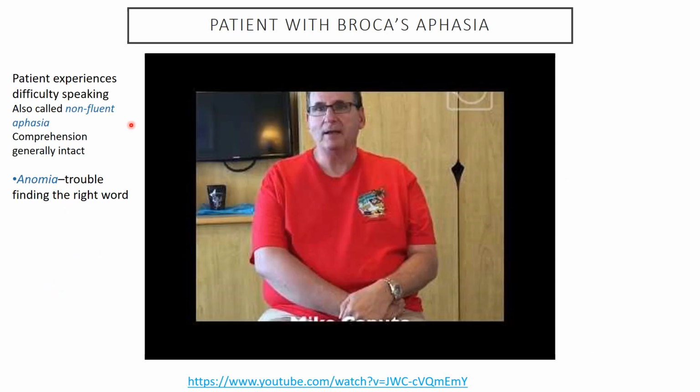This is an example of someone with what's called Broca's aphasia. Patients who have Broca's aphasia have difficulty speaking at all. They have what's called non-fluent aphasia. So their comprehension is generally intact, and they just have a lot of trouble finding the right word and putting the words together so that they can produce normal speech.